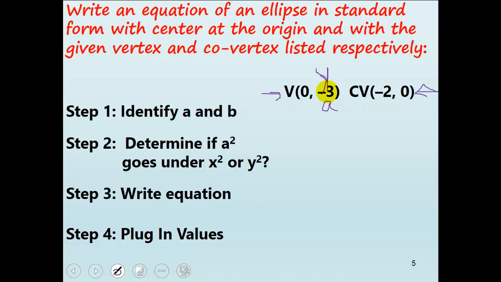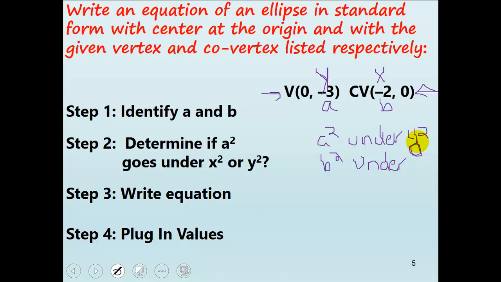Okay? So, since a is in the y spot, then a squared has to go under y squared. And this is b, and it's in the x spot. So that means b squared has to go under x squared.